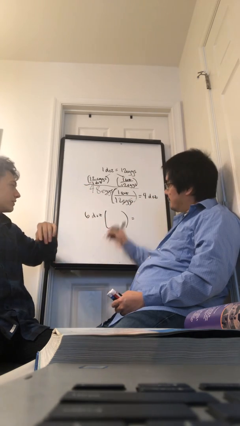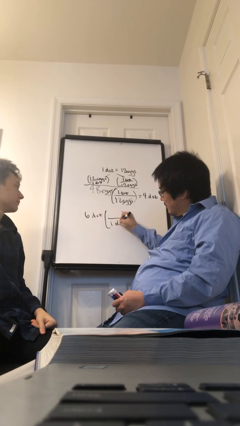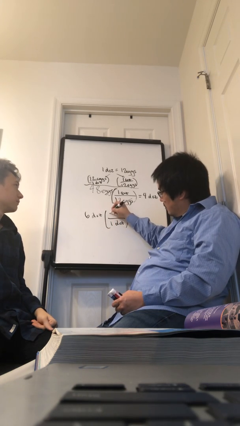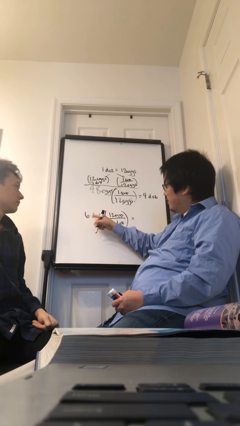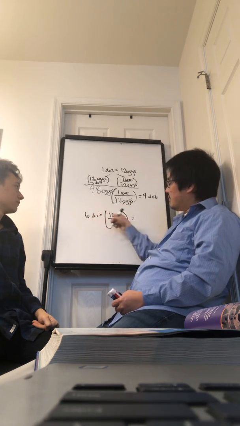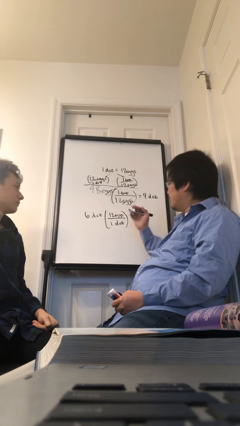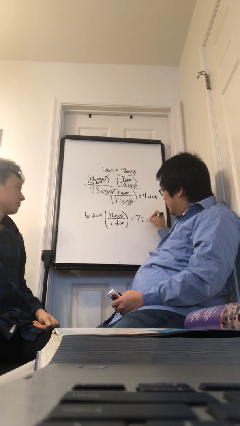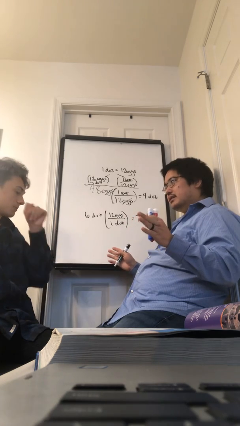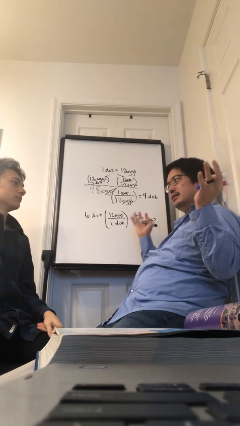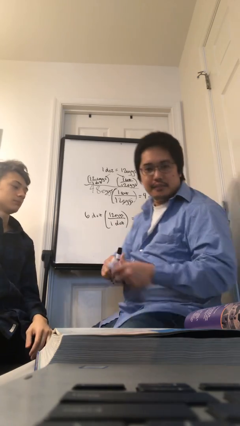Why? Because the dozens cancel. 1 dozen on the bottom and 12 eggs on top. So this cancels out with that. 6 times 12, what is that, 72? All right. Nothing crazy, right? This completely makes sense. Yeah. Right?